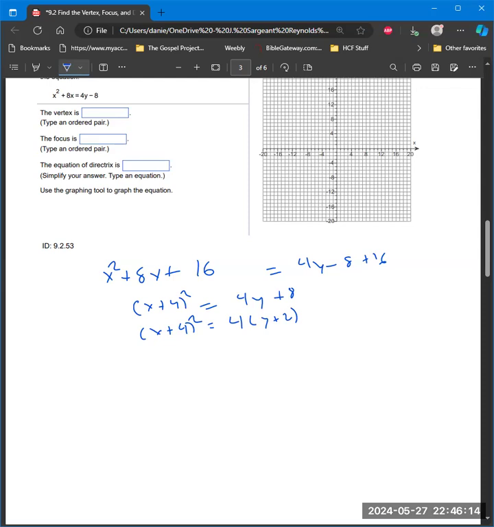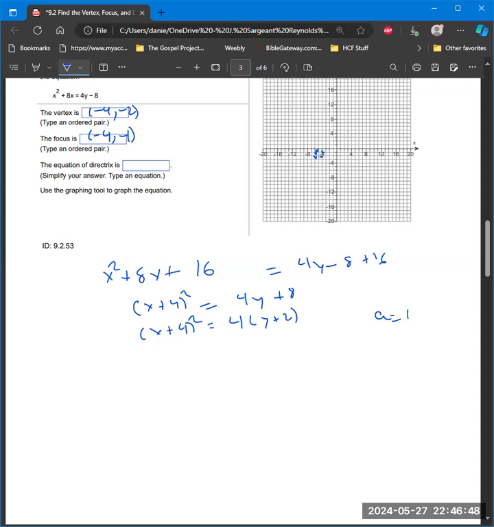And so a equals +1. Vertex is going to be at (-4, -2). And we're moving 1 in the positive y direction. So that's going to be (-4, -1) for my focus.